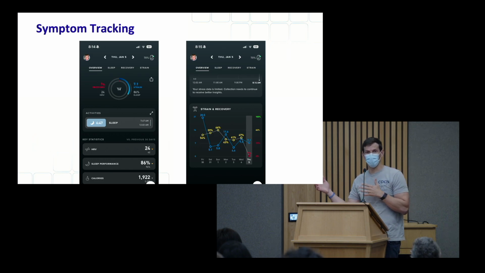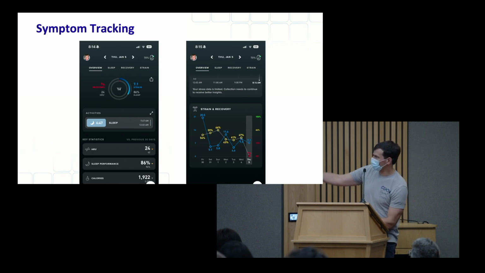You want to be closer to 100. 1% means that your vital signs are off. So your heart rate's elevated, the time between beats of your heart is off, the respiratory rate's off, your temperature, all these things are off. That's what gets you to a 1 versus a 100. I didn't really sleep that well. Looks like I got 6 hours and 47 minutes of sleep, but I didn't feel that unhealthy. I just got this 1%.